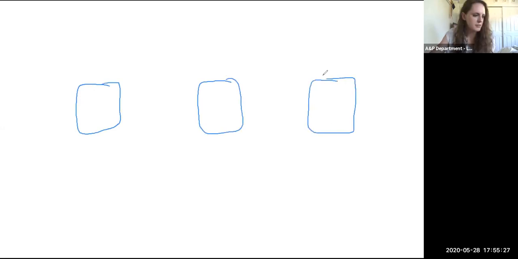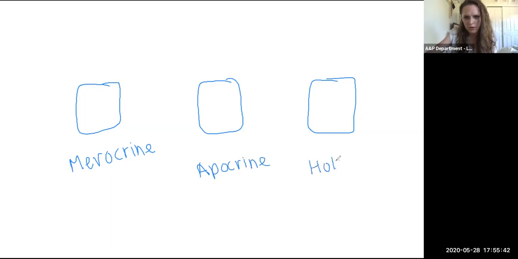Now back to the types of glands. We have three, like I was saying before: merocrine, apocrine, and holocrine. Merocrine glands are when you just have little bubbles inside, little packages that are released through the cell membrane through exocytosis.